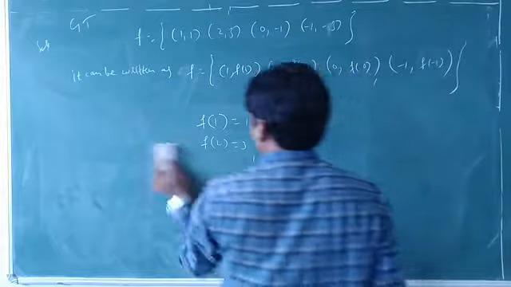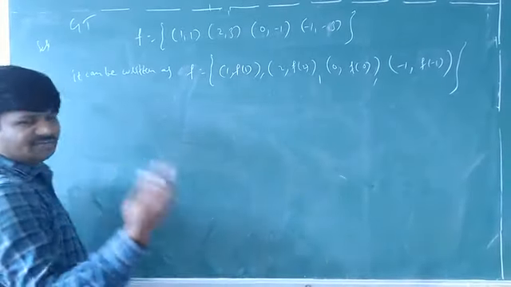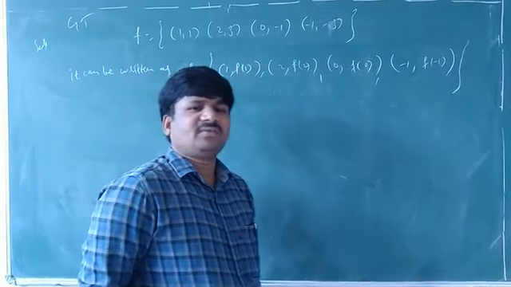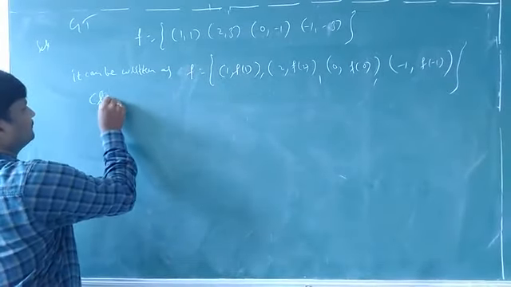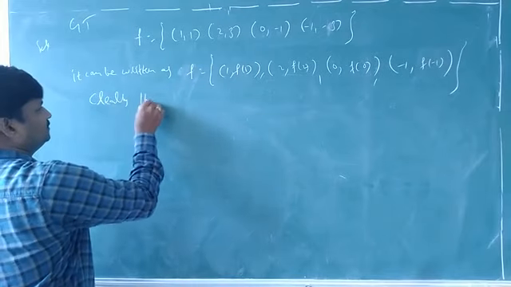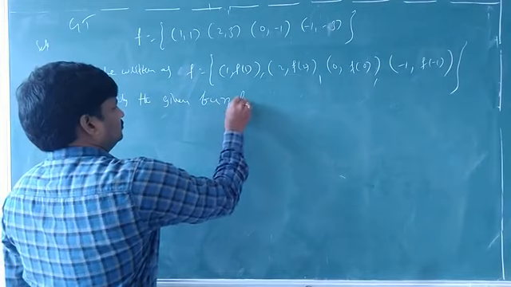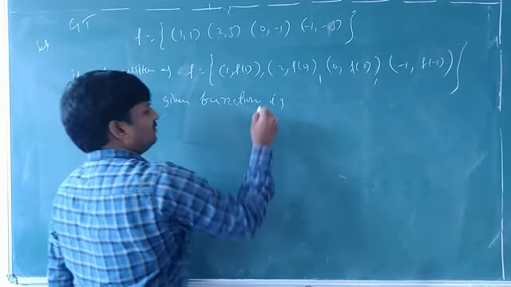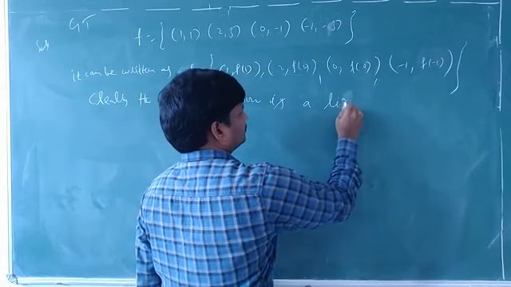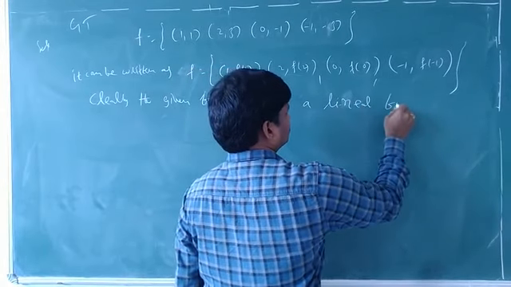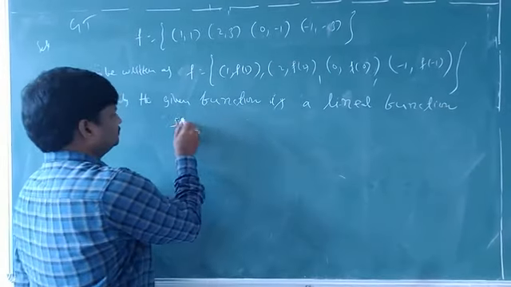Remember. Okay? Yes. Now, a linear function f(x) is being asked. Is that function a linear function or not? Clearly, the given function is a linear function. So what is that linear function?